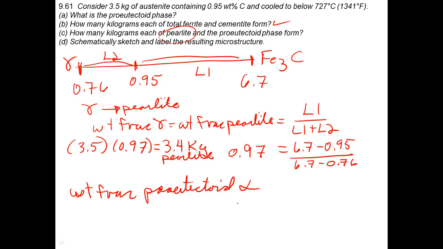So that means that the remaining mass fraction has to be pro-eutectoid ferrite.